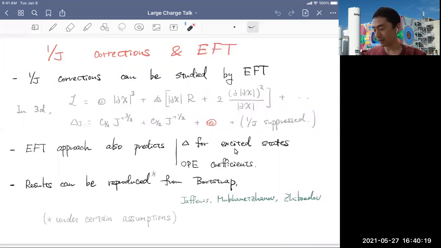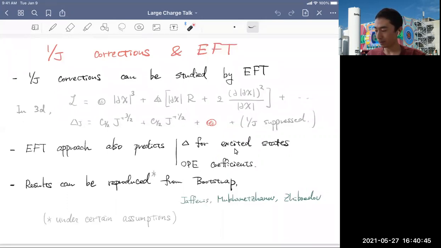That gives you a prediction about the correction, and in particular, you can make a universal prediction about this constant term. Furthermore, the EFT approach also predicts Delta for excited states and OPE coefficients. And in addition, under certain assumptions, you can rederive these results from the bootstrap.